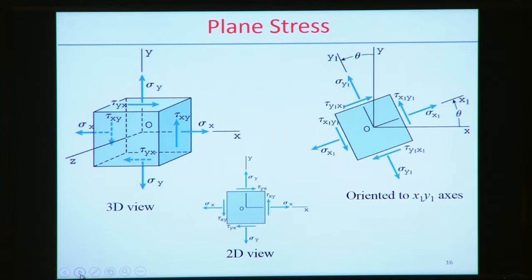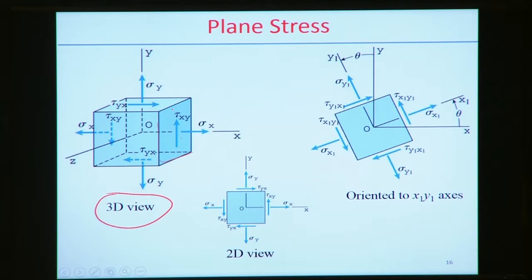Now what will happen if we try to represent the stresses with a certain specific angular orientation? So this is the three-dimensional stress state. In the first figure, the 3D view, it will be very obvious that normal stress is acting on this face, and shear stress is acting parallel to this face, tau xy.